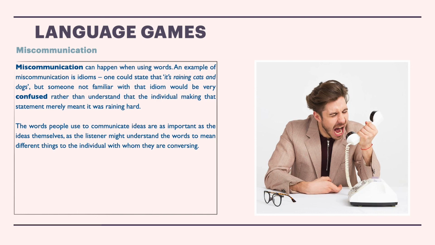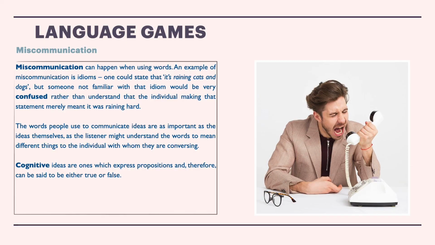And that's because the listener might understand the words to mean something very different to the individual they're speaking to. It's important to remind ourselves as well of these two ideas.